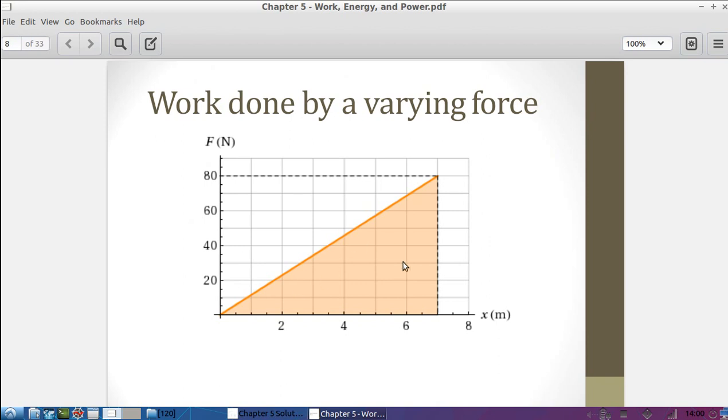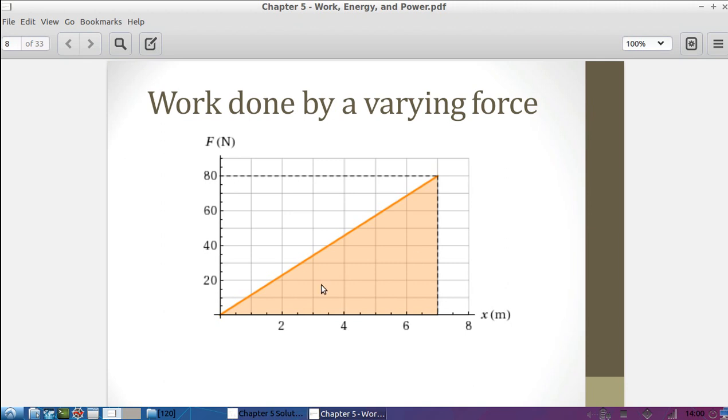I'm just taking the area under a curve, so I would integrate the force function and give it boundaries, initial position and final position. All my graphs are going to be nice and linear, and I'll be able to use geometry, take the area of the shapes, and calculate the work done that way.